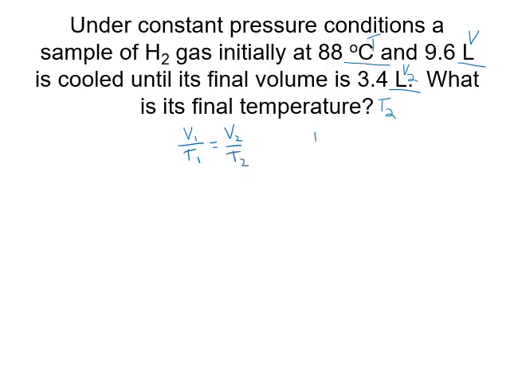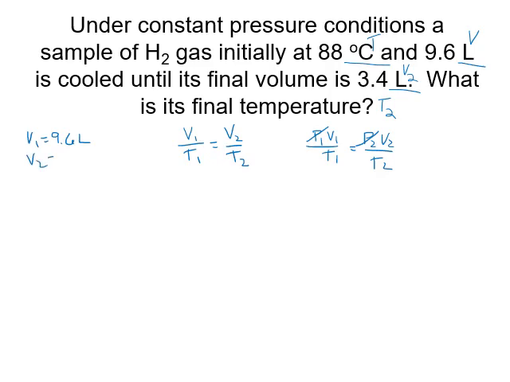If I don't, I could always have started with the combined gas law. But recognize that since it's constant pressure, the first pressure and the second pressure are the same value, and therefore they cancel. And I would basically have rederived Charles's law. So I have my volume 1 is 9.6 liters.